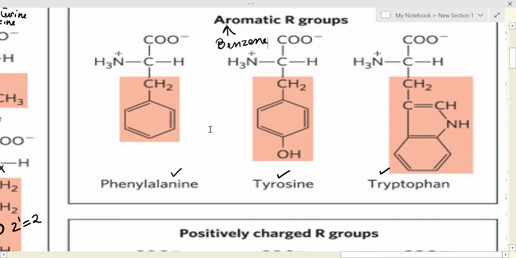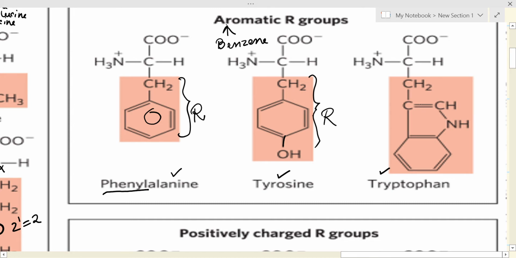So let us start with phenylalanine. By the name itself, we have phenyl, meaning this benzene ring, as you can see, and this is the R group. Then tyrosine, we have an OH group attached to this phenyl group, benzene plus OH, phenol. So this whole structure is the R group.